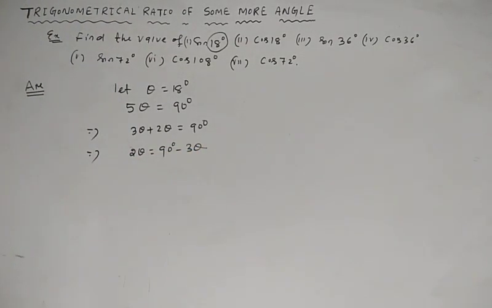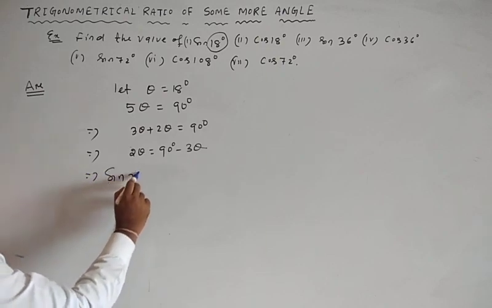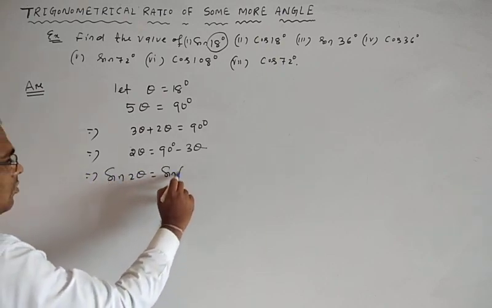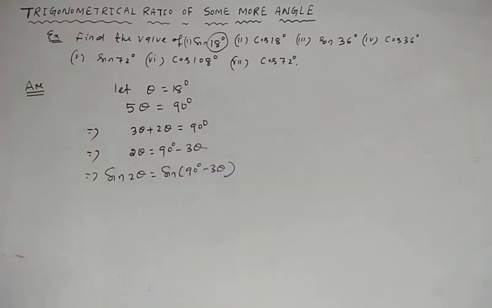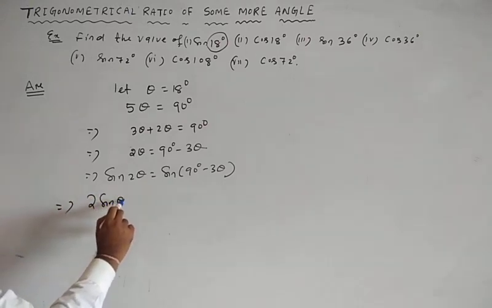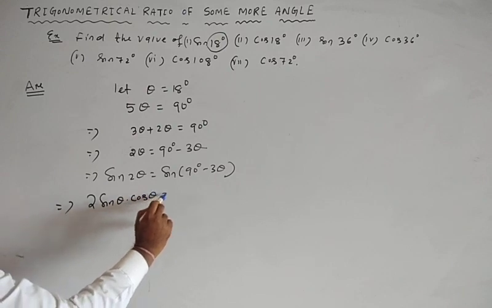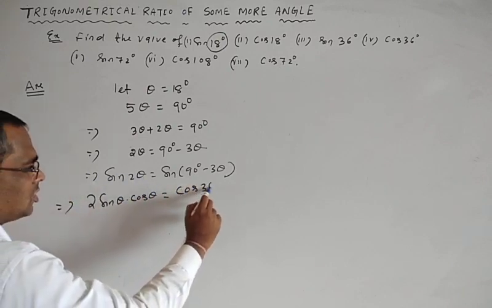Taking sine on both sides, that implies sin 2 theta equal to sin of 90 degree minus 3 theta. Okay, so you know sin 2 theta by the multiple angle formula is 2 sin theta into cos theta, and sin of 90 minus 3 theta is equal to cos 3 theta.